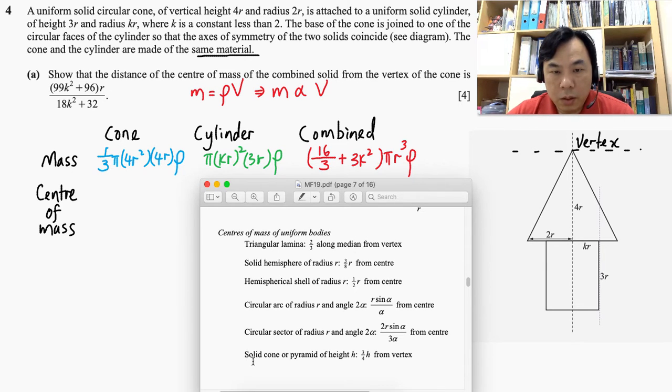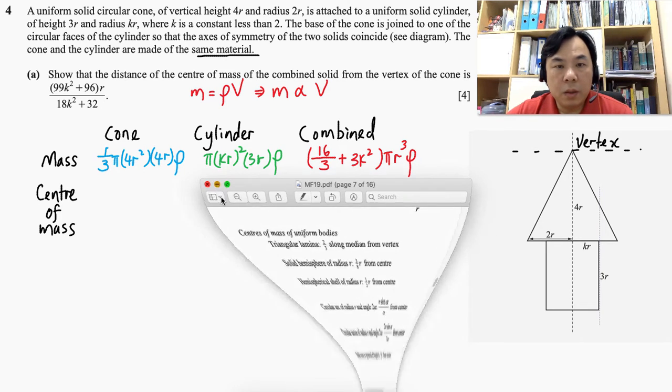Look under this section here, solid cone or pyramid of height h. The center of mass measured from the vertex is three quarter of the height of the cone itself. So that three-quarter is basically just 3r. So it's located at 3r here. Right? Now I hope that's clear.